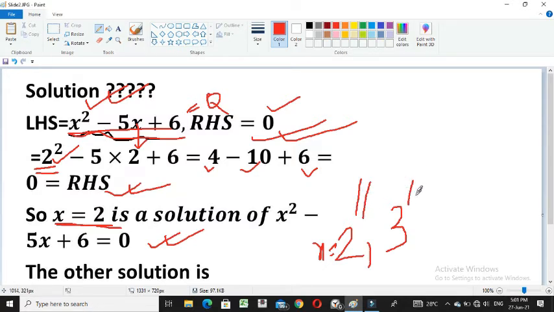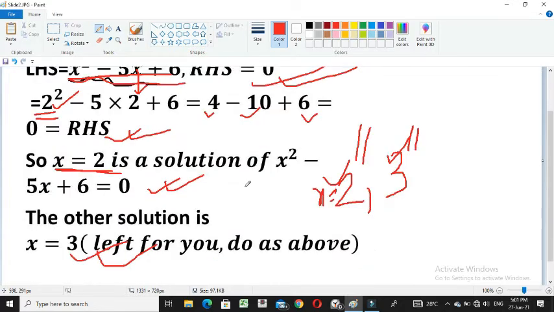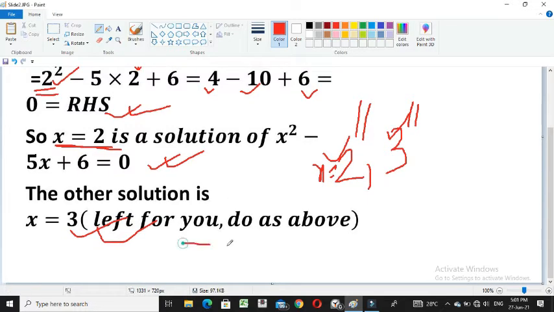One is 2, another one is 3. The solutions or roots may be real numbers, may be complex numbers, but there will always be 2 and only 2 solutions for a given quadratic equation. And here we will not discuss complex roots. We will consider only real roots.